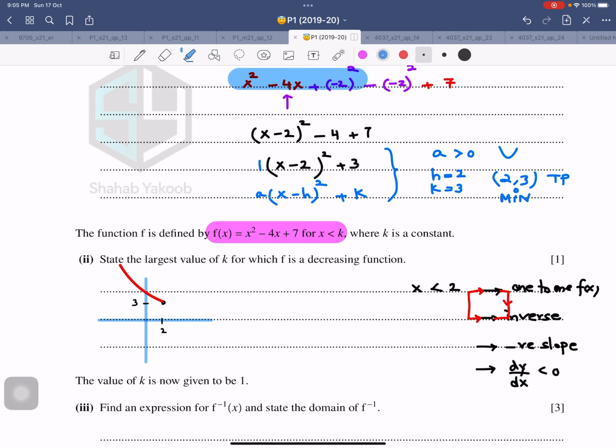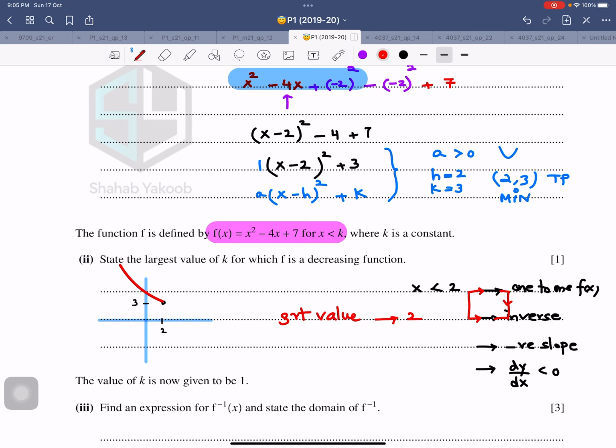Negative slope. If I draw a tangent somewhere over here, that slope will be negative. So for which range of values of x will the slope be negative? It will be less than 2. But less than 2, there are lots and lots of values, out of which the greatest value, the largest value, will be 2.